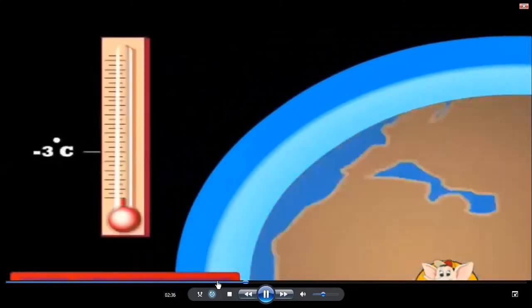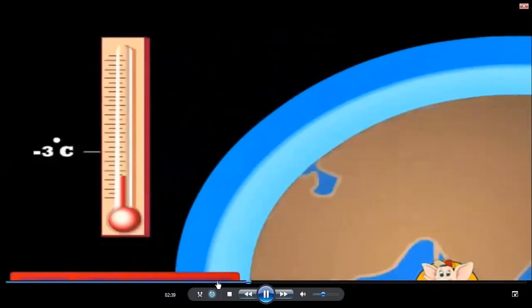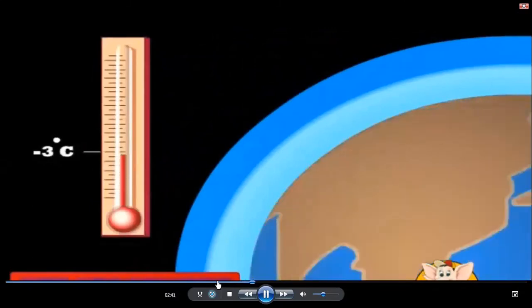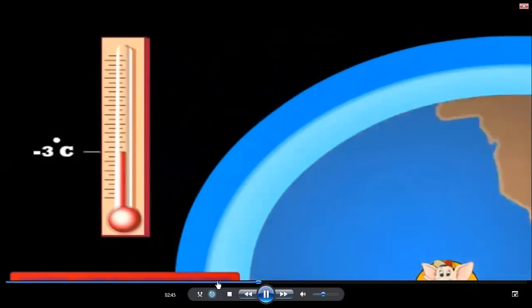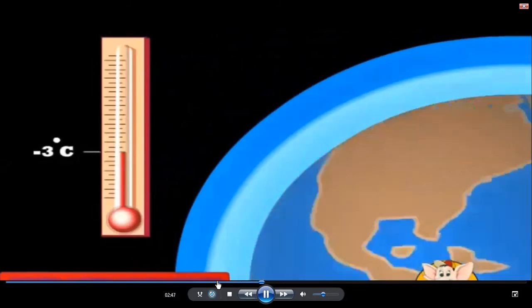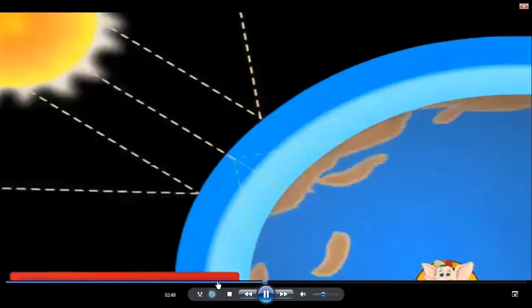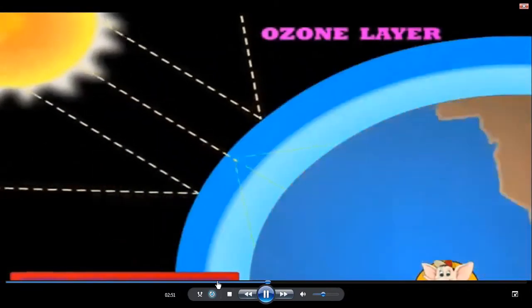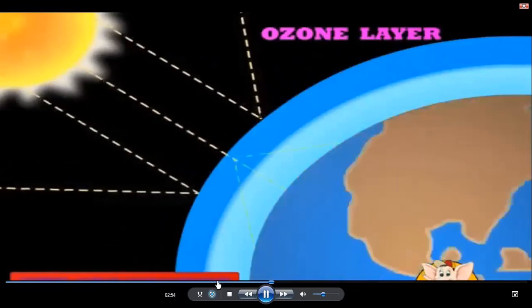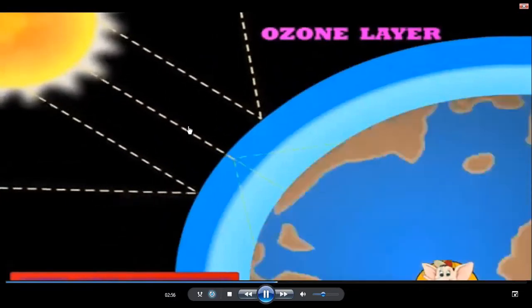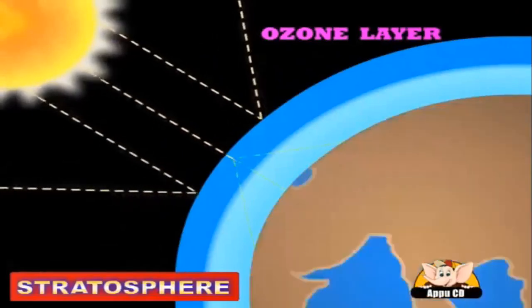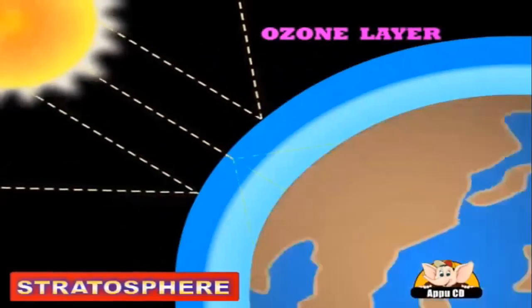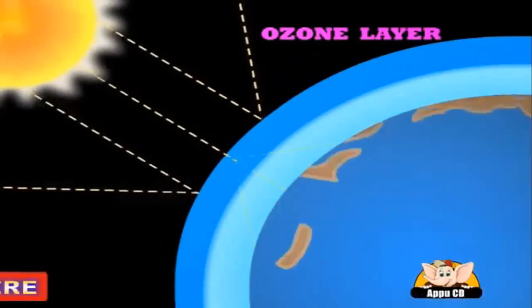The temperature in this region increases gradually to minus 3 degrees Celsius due to the absorption of ultraviolet radiation. The ozone layer, which absorbs and scatters the solar ultraviolet radiation, is in this layer. 99% of air is located in the troposphere and stratosphere.